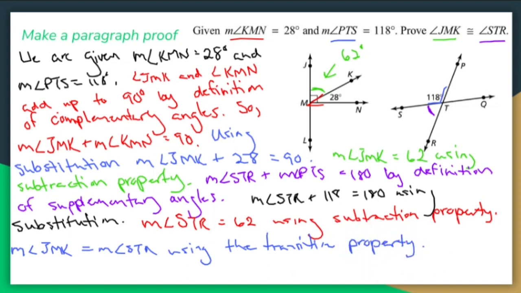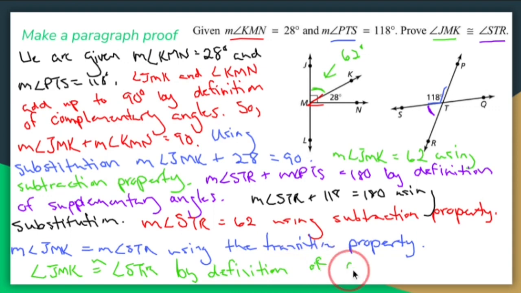And now if their measures are the same, we can finally end this thing and say angle JMK is congruent to angle STR by definition of congruence.